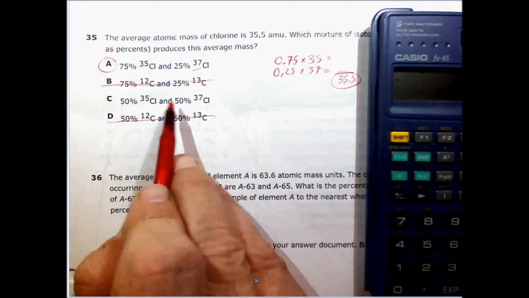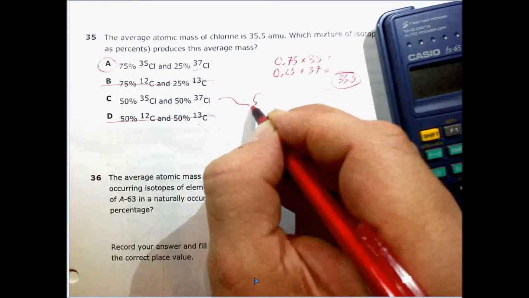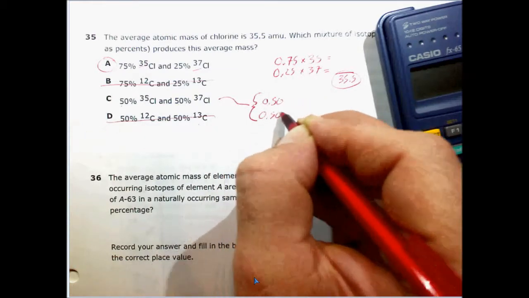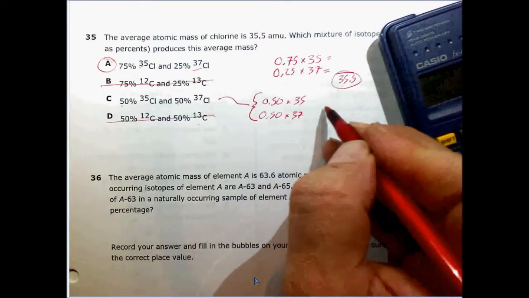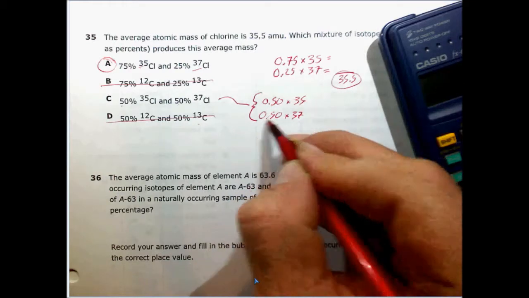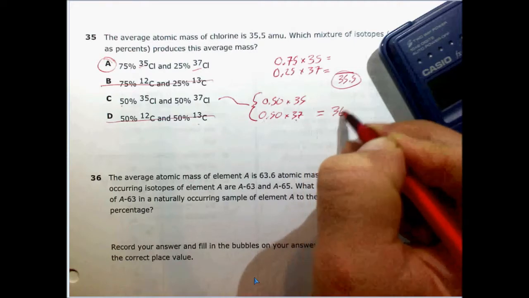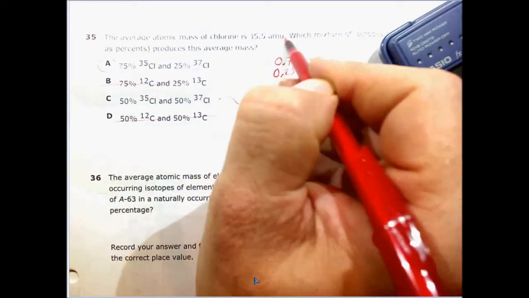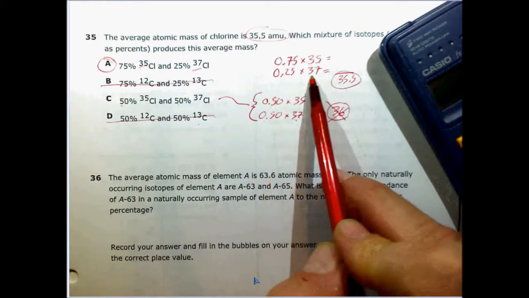If we had looked at 50% of each isotope, this would have been 0.5 times 35 plus 0.5 times 37, which is just an average, and this number would have come out to 36, which would have been the incorrect answer. So chlorine is 75% chlorine 35 and 25% chlorine 37.